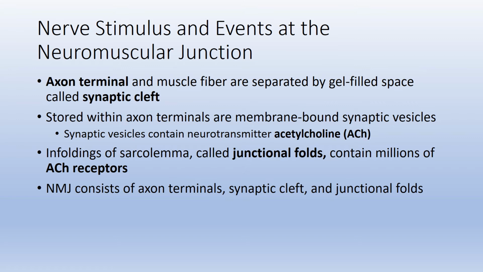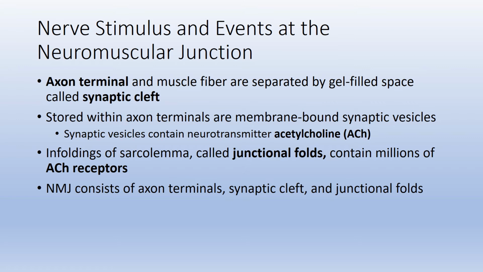There are a few components to the NMJ, or the neuromuscular junction, and the first is the axon terminal. Remember, each axon of a neuron will divide or branch into many axon terminals. Now, that axon terminal is not directly stuck to the sarcolemma.